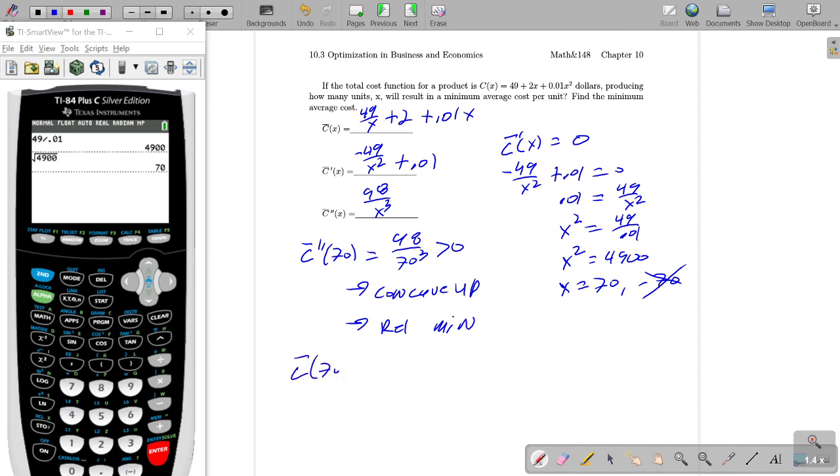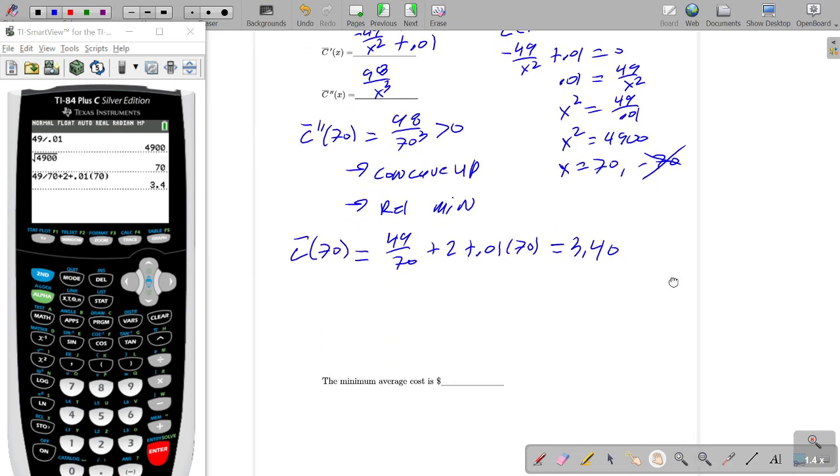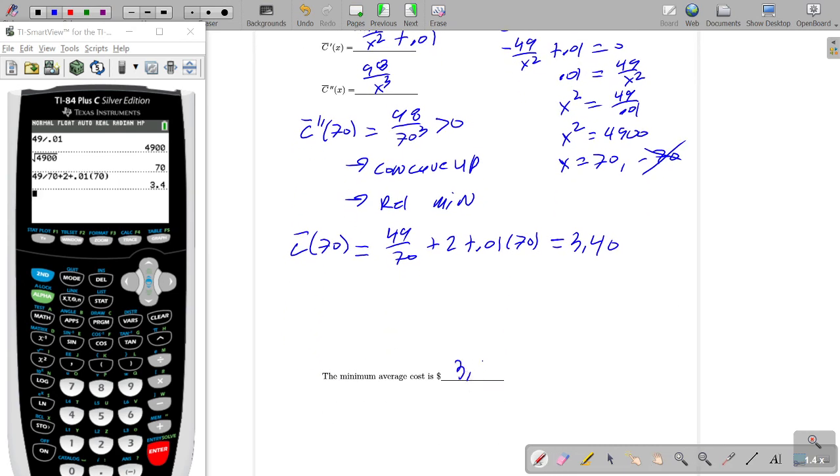So c bar of 70 equals 49 over 70 plus 2 plus 0.01 times 70, which gives me 3.4. So this tells me the minimum average cost is $3.40.